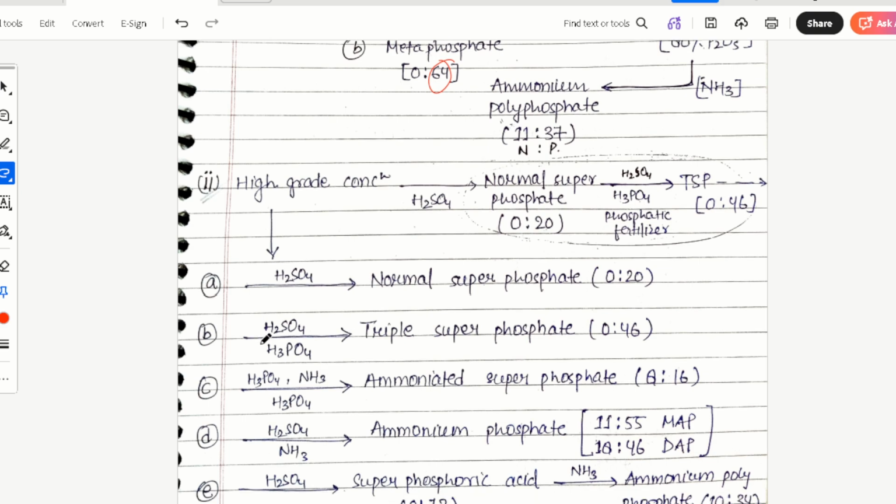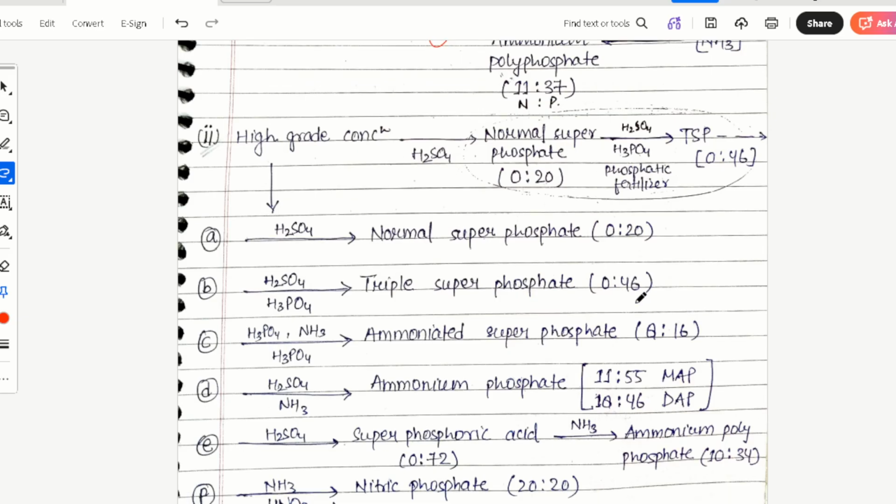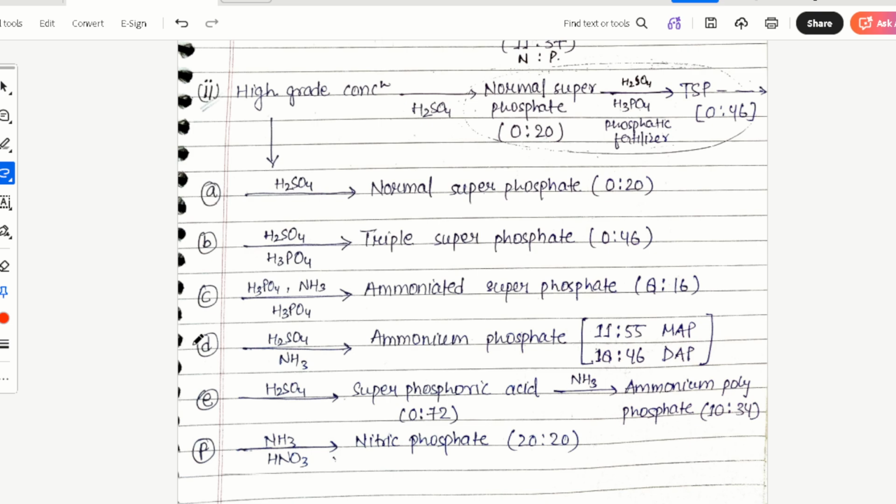If it reacts with H2SO4 and H3PO4, it is converted into triple superphosphate, in which 46% phosphorus is available. If we react with H3PO4 and ammonia, it produces ammoniated superphosphate, in which 8% nitrogen and 16% phosphorus are available.